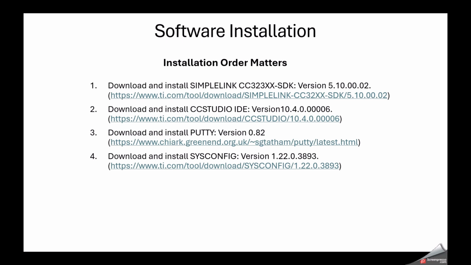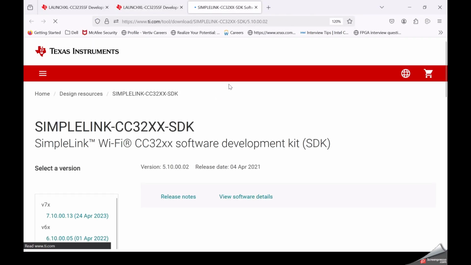It is very important to install the same version of the software I mentioned here because the latest or other versions do not really support CC3235SF. So make sure you install the mentioned versions only. So let's just click on this link.